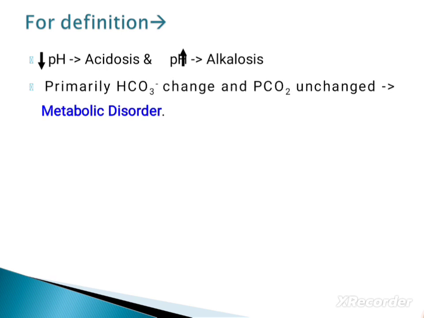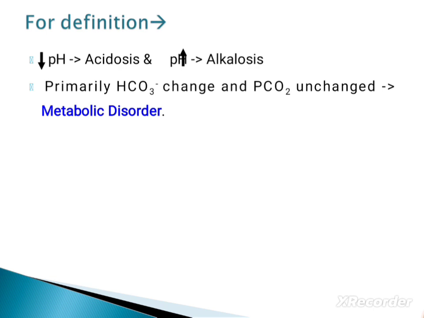If you find that primarily bicarbonate changes and partial pressure carbon dioxide is unchanged, then you will say metabolic disorder. So what will be the definition of metabolic acidosis? It is a clinical condition characterized by decreased blood pH due to decreased bicarbonate level in blood, where partial pressure carbon dioxide will be unchanged.